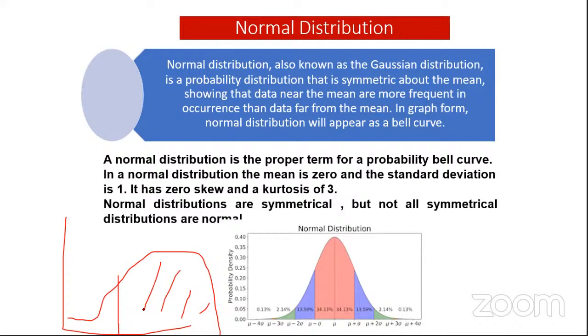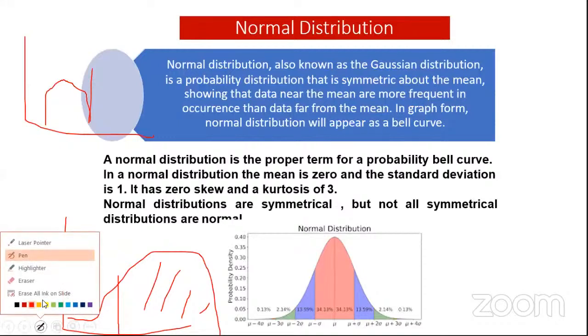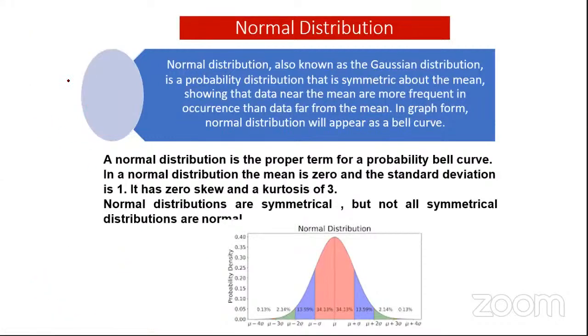Now we have skewness to the right and skewness to the left. Let's say this is our mean here, and we have more of the data to the left. Sorry, I am not good at drawing, but that is how it goes. So we have positively skewed and negatively skewed.